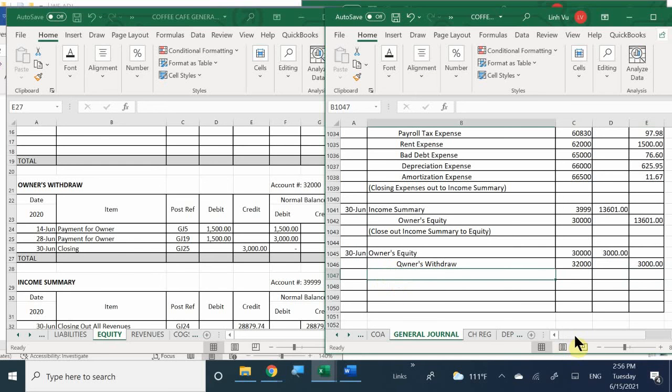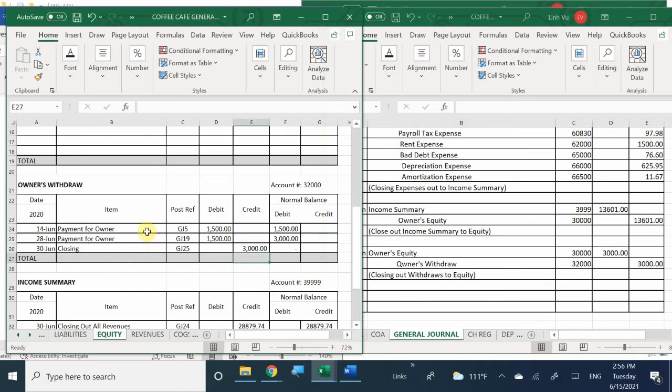Of course, I'm also going to make a note here that I am closing out withdrawals to equity. Here I've already credited out and zeroed out my owner's withdrawal.